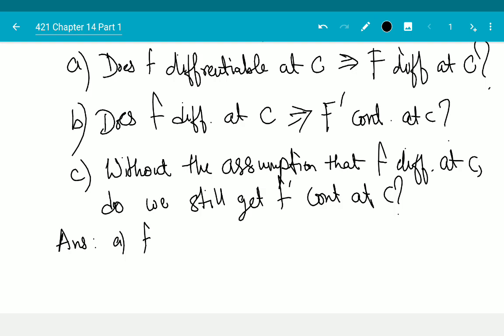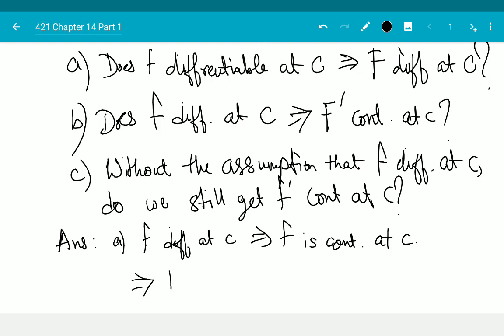Well, f differentiable at c implies small f is also continuous at c. And therefore, by fundamental theorem of calculus 1, I get that capital F is differentiable at c.